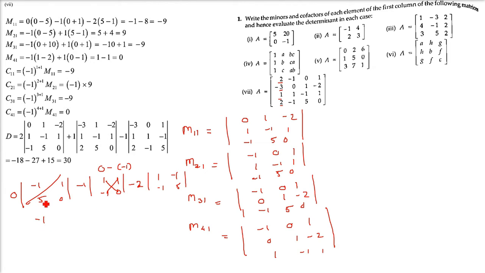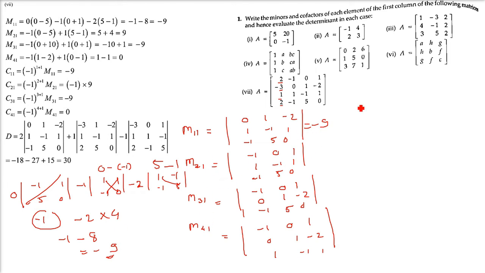So it will remain as minus 1. Then minus 2, 5 minus minus minus plus. So 1, minus 5, minus 1. So it will be 5, 5 minus 1. So it will be 4. 4 times 8 is 9. Minus 1 minus 8 is minus 9. So you get minus 9 here.